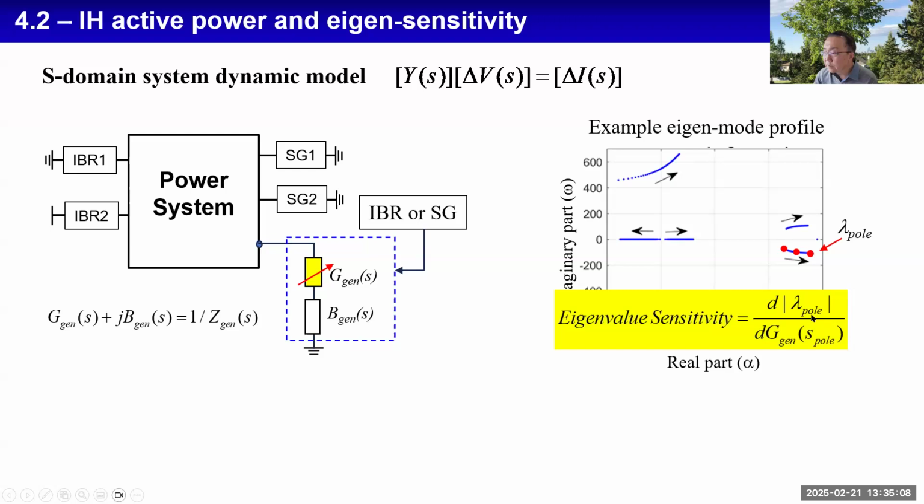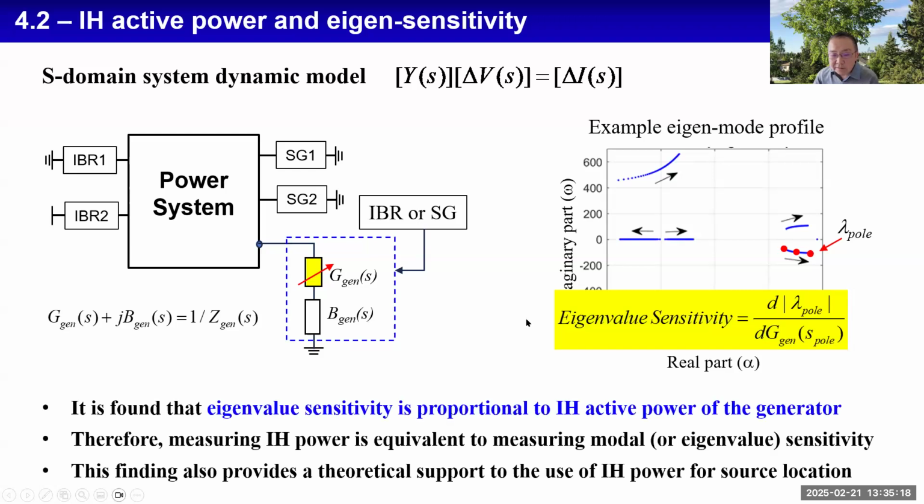Eigensensitivity is the sensitivity of the eigenvalue divided by the variation of the conductance of the impedance model. What we find is that eigenvalue sensitivity is proportional to the interharmonic active power of this particular generator. Therefore, measuring interharmonic power is equivalent to measuring the magnitude of your eigenvalue sensitivity.